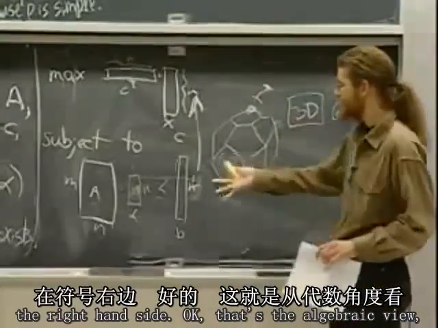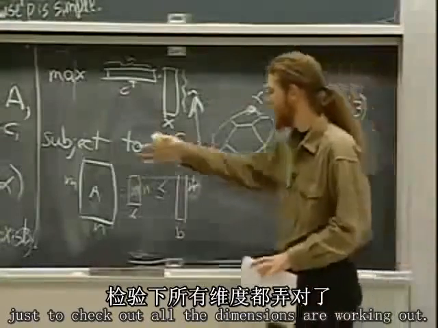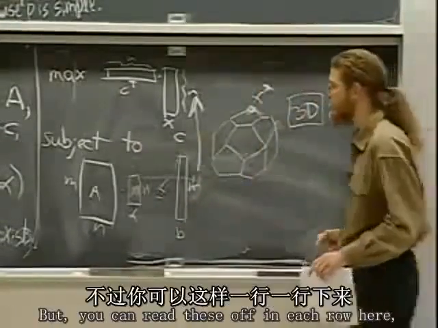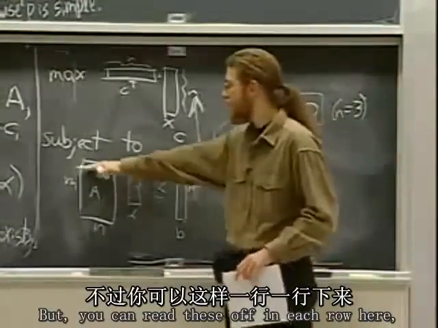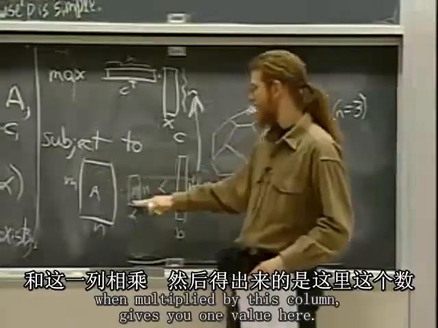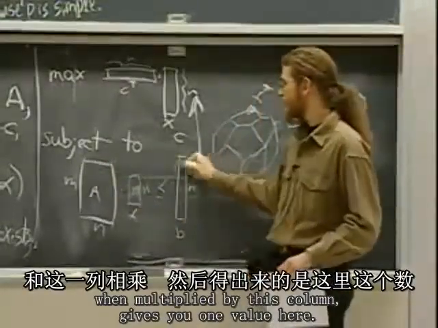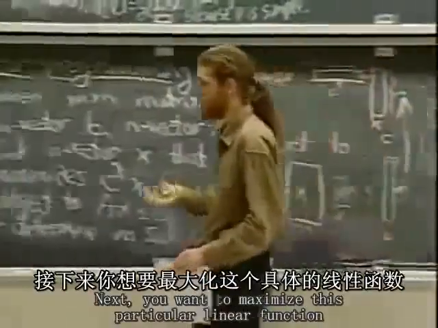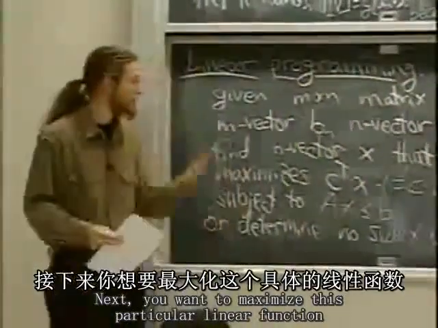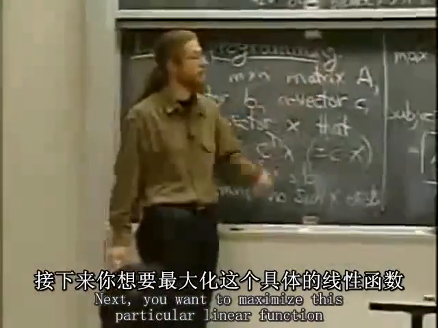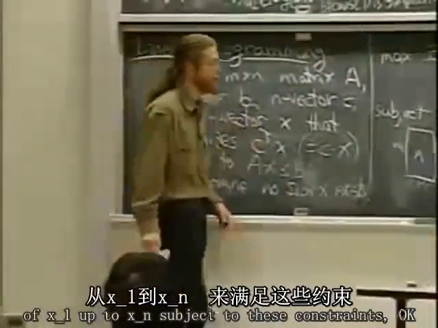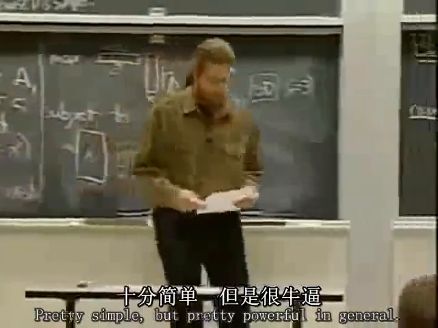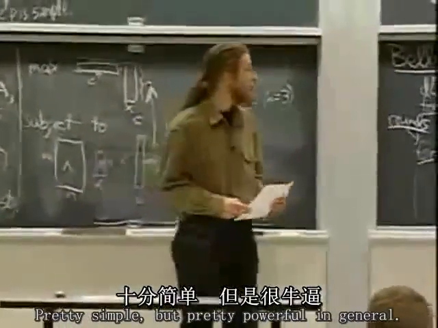Okay, that's the algebraic view, just to check all the dimensions are working out. But you can read these off, and each row here, when multiplied by this column, gives you one value here, and that's just a linear constraint on all the xi's. So you want to maximize this particular linear function of x1 up to xn, subject to these constraints. Okay, pretty simple, but pretty powerful and general.